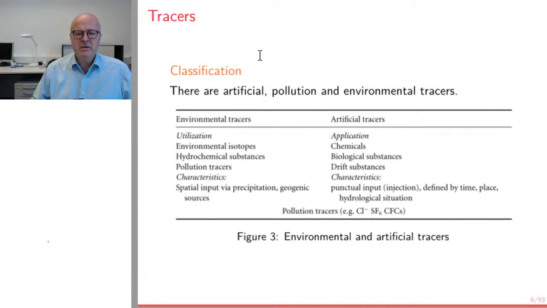So hydrochemical substances, pollution tracers, and the characteristic is that the spatial input is via precipitation and from geogenic sources.